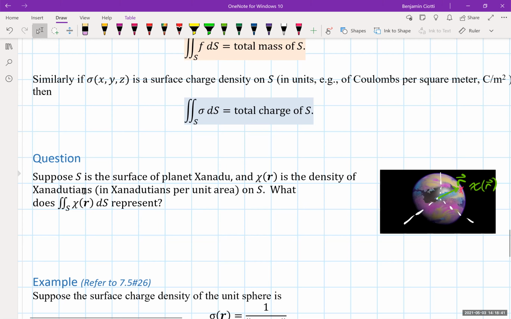Okay. Xanadusians are like Martians or Earthlings, but on planet Xanadu. So density is how many Xanadusians there are per unit area. And if you integrate that, you'll get a number of Xanadusians. So the answer here equals the total population of Xanadusians.